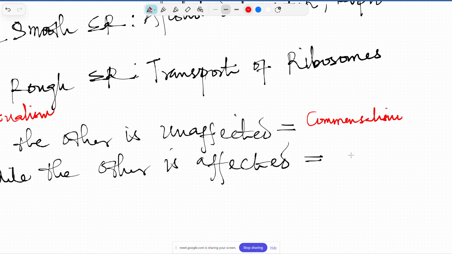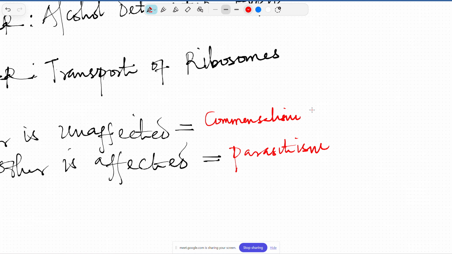One gain while the other is affected, that is parasitism. So in commensalism, okay, let me write that.